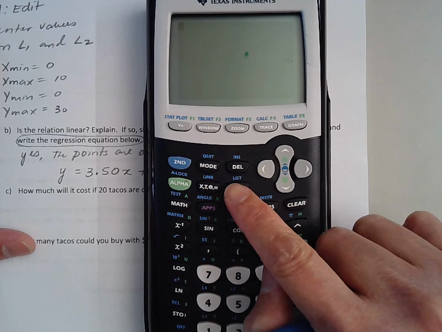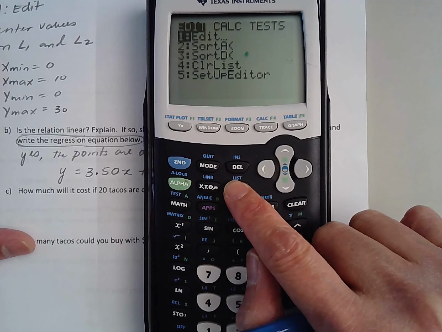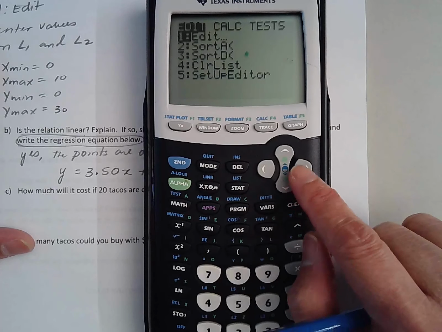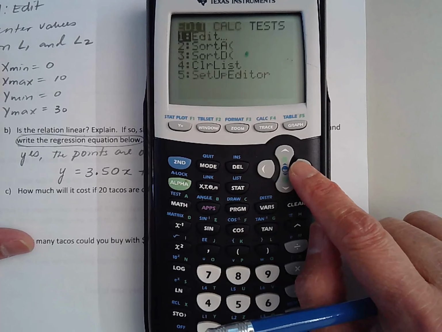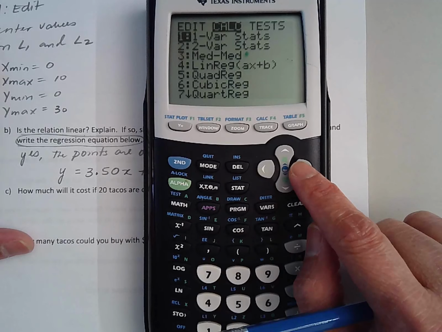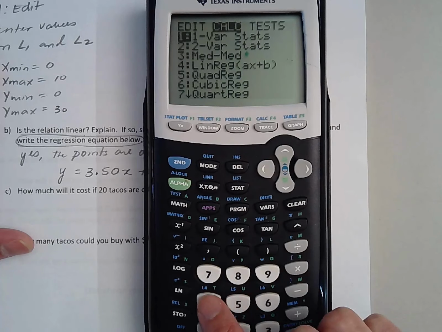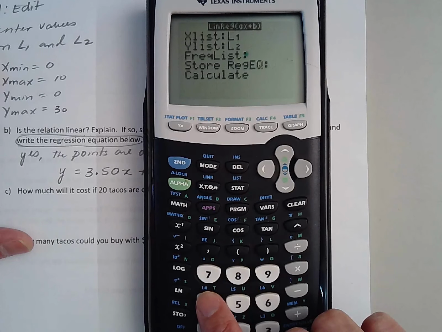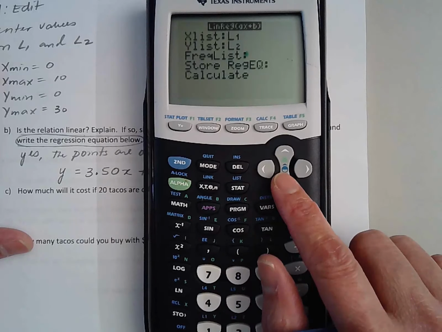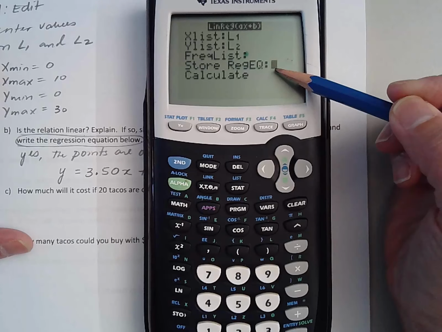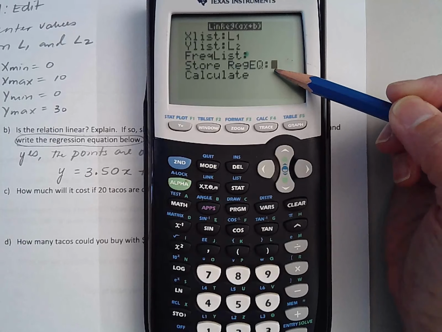Press stat, and then go to calc, and then 4 for linear regression. They're going to ask us where to store the regression equation. We're going to store it in y1.